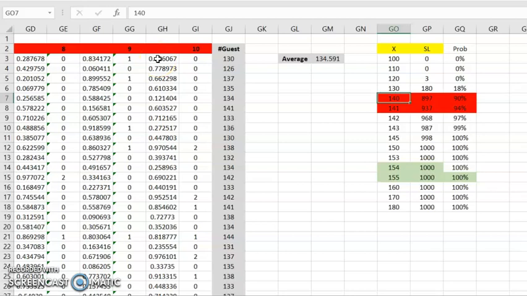So we need to consider them separately. So the results now are reliable, and the number of guests we need to be prepared for would be 140 in that situation. With a probability of 90%, we are prepared for our guests or even more.